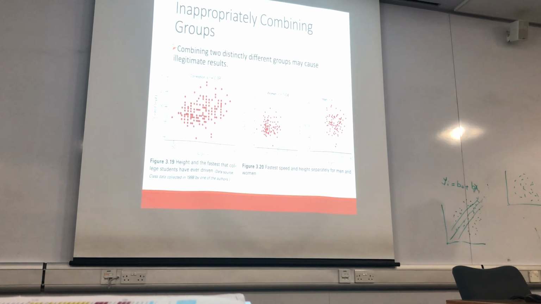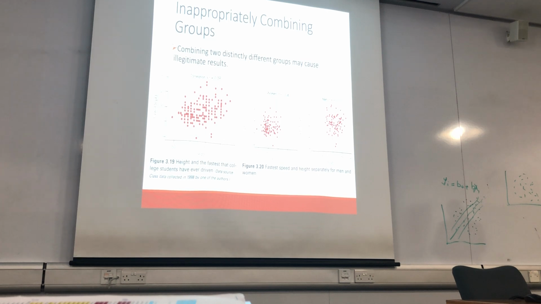So, what does it mean that combining two distinctly different groups may cause illegitimate results? Here, when I combine males and females, you see how it gives you results that are false. R square is 0.39, which means there is an association.